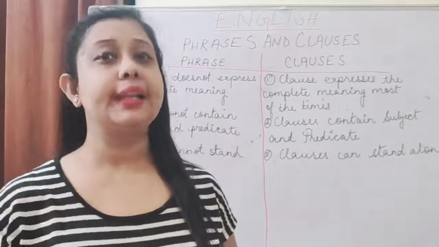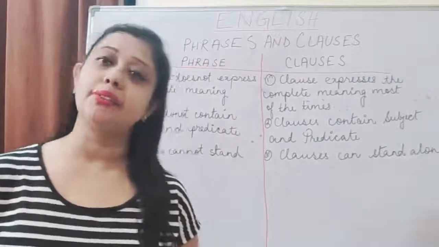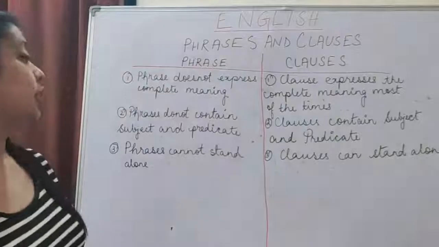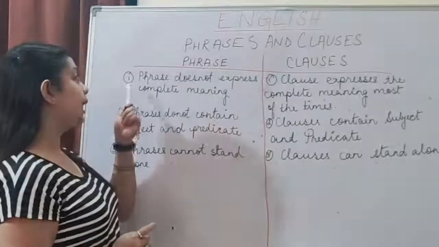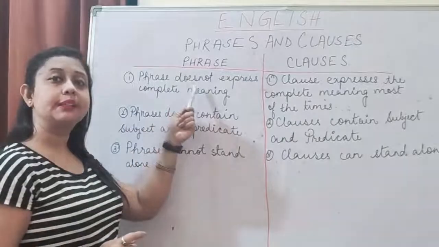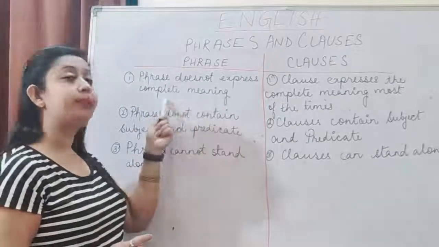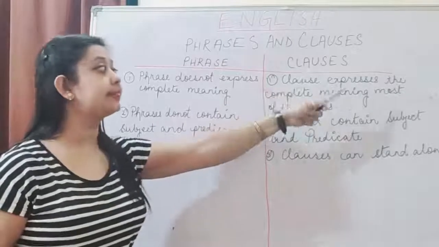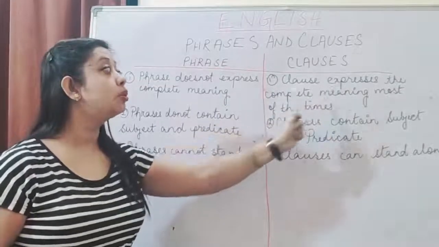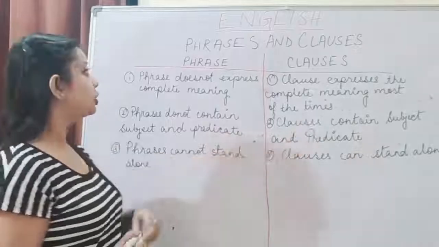So now let's come to the differences between phrases and clauses. The first difference between phrase and clause. See, I have written: phrase does not express complete meaning, whereas clause expresses the complete meaning most of the times. So this is very clear.